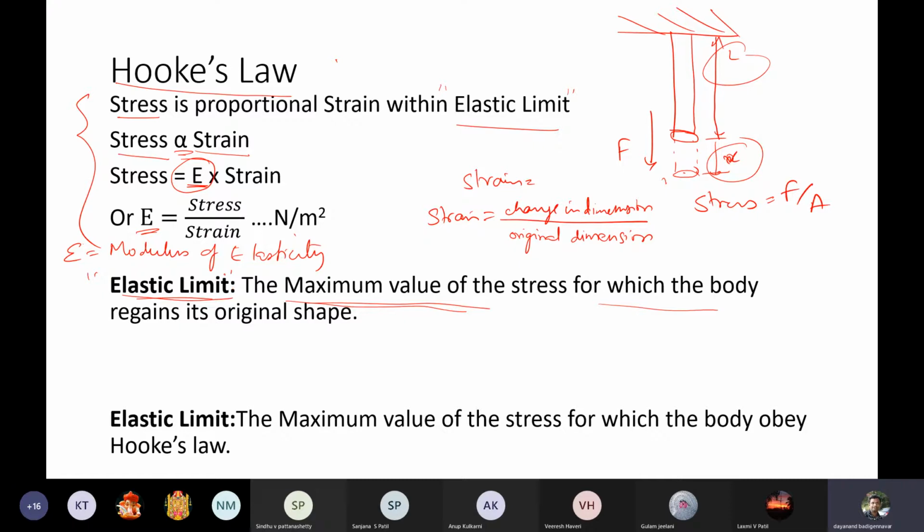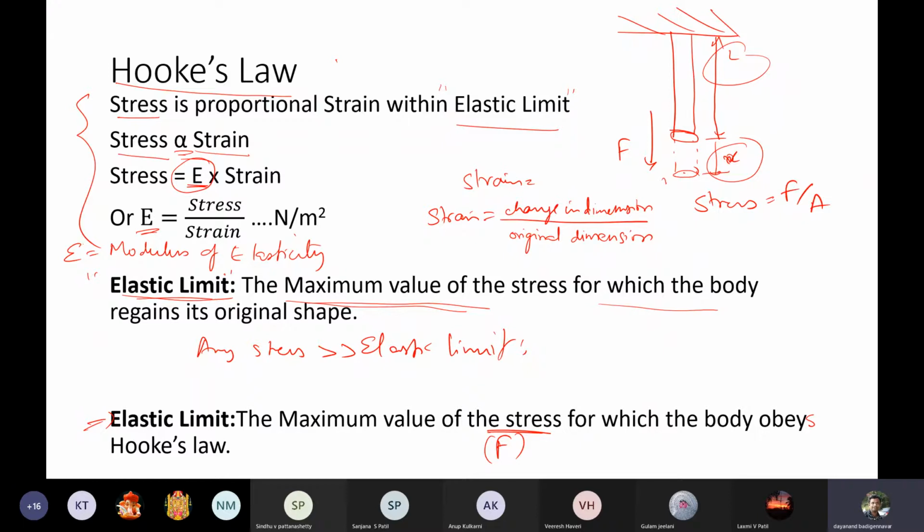If you apply any stress beyond the elastic limit, the material loses its elastic property. You can also define elastic limit as the maximum value of the stress, meaning force, for which the body obeys Hooke's law.